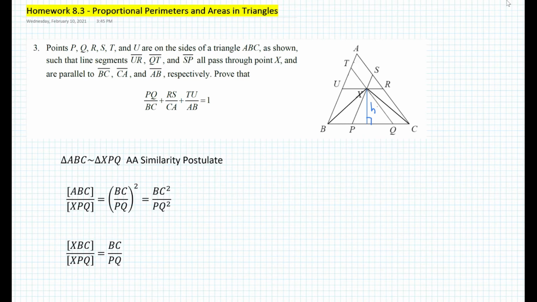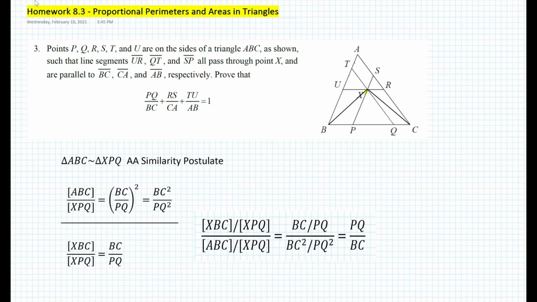Well, what we can do here is simply divide both of these equations. So basically, we want to divide the bottom equation, XBC over XPQ, by the equation on the top, which is the area of ABC over the area of XPQ. And what do we obtain here? If we simplify this, we end up with PQ over BC.